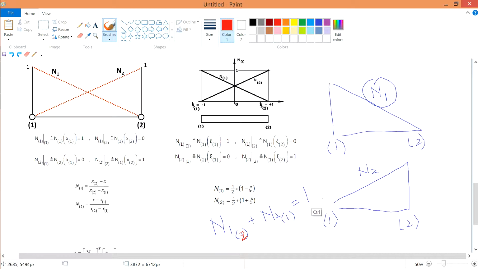But please do not be confused with, let's say, N1 at node 1 plus N2 at node 2. Then you're talking about vectors already. This is a very powerful understanding you need to know, so do not be confused by the points. Be very careful of the node they're talking about.